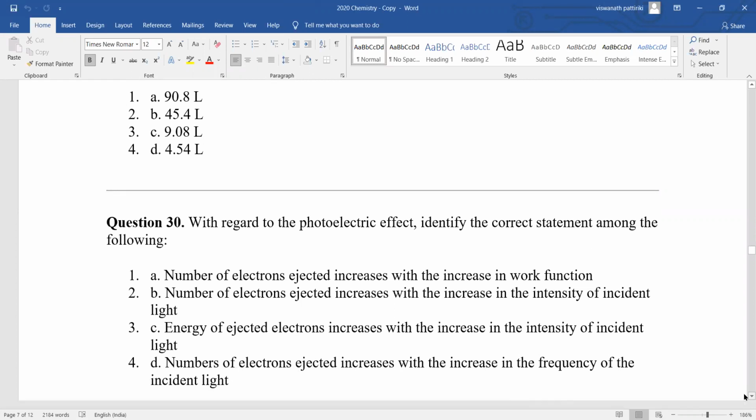So the number of electrons ejected increases with increase in the intensity of incident light. Okay. So option B is the correct one.